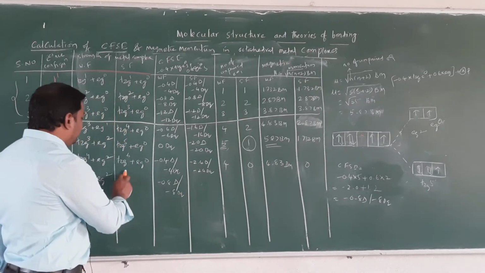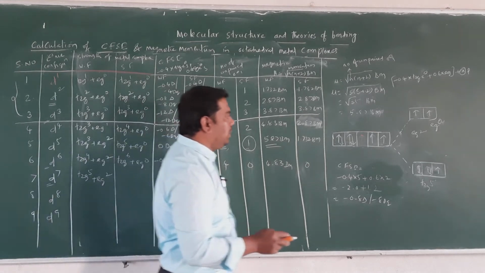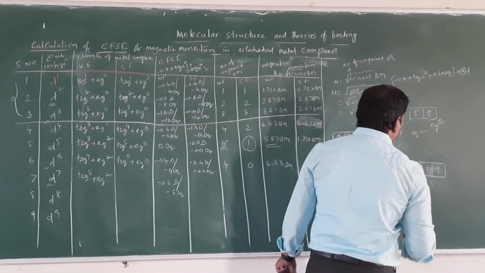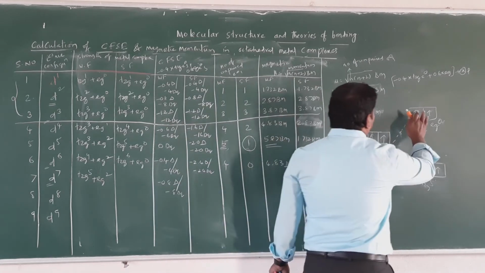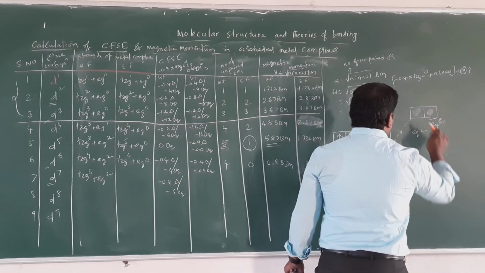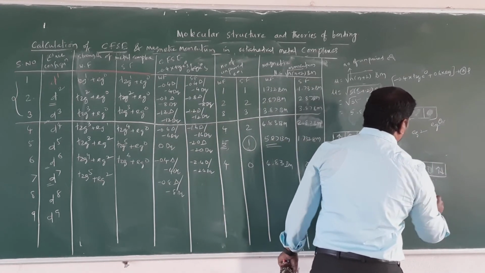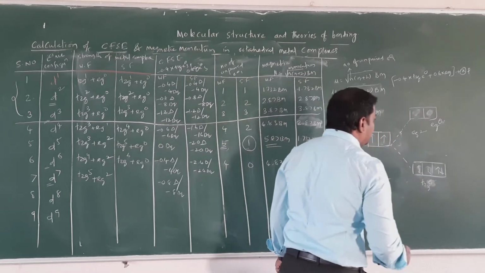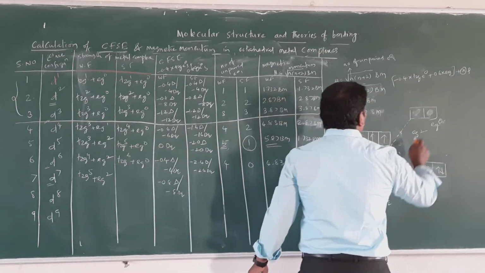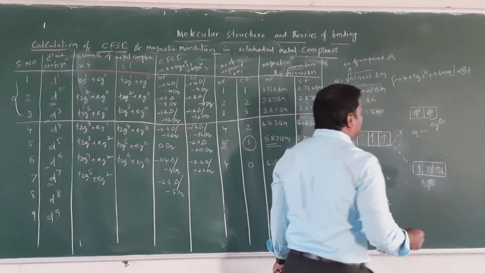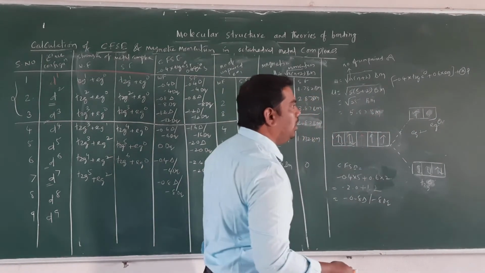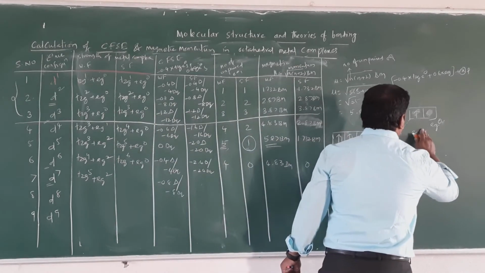In the case of a strong field complex, the electrons are going to be paired up. The 6th electron is going to be paired up, so that is t2g6. The 7th electron will be present in the eg level, so that indicates it is eg1.